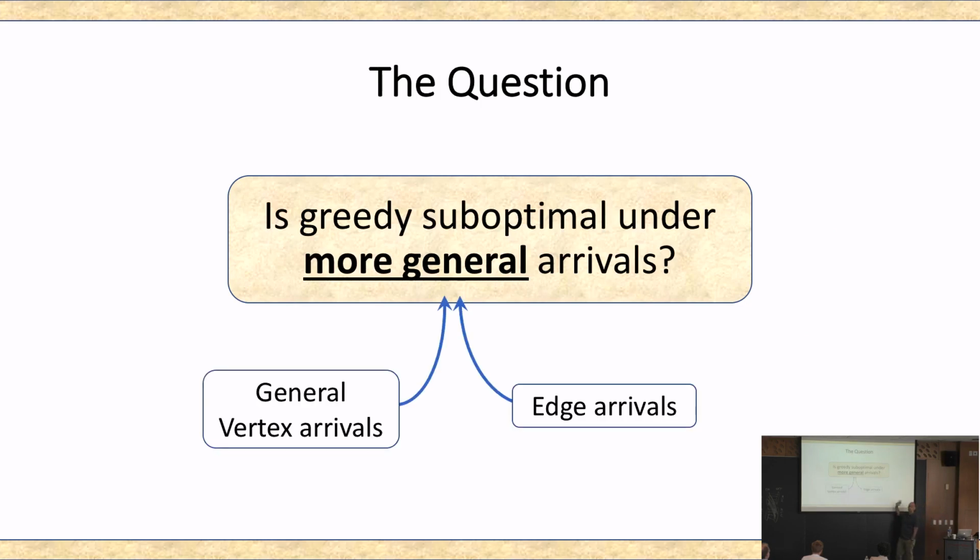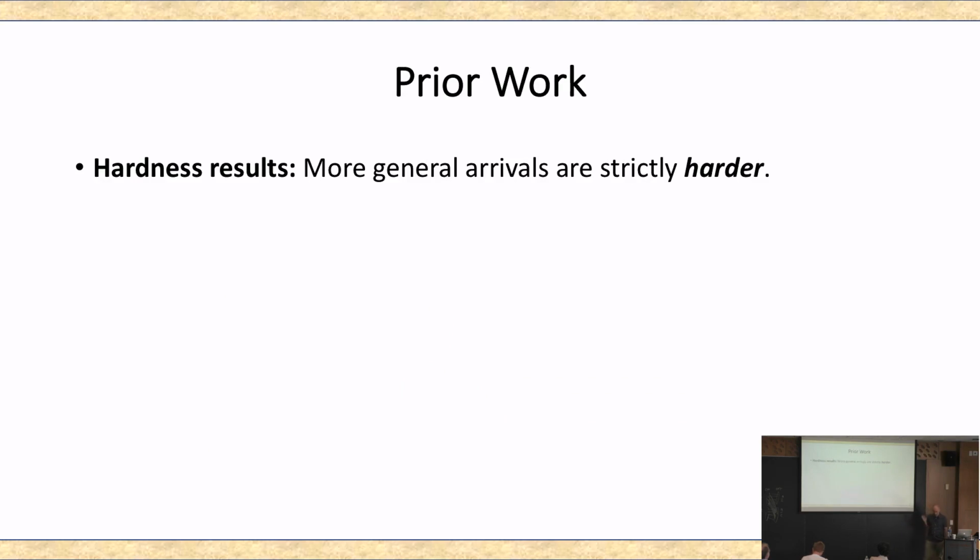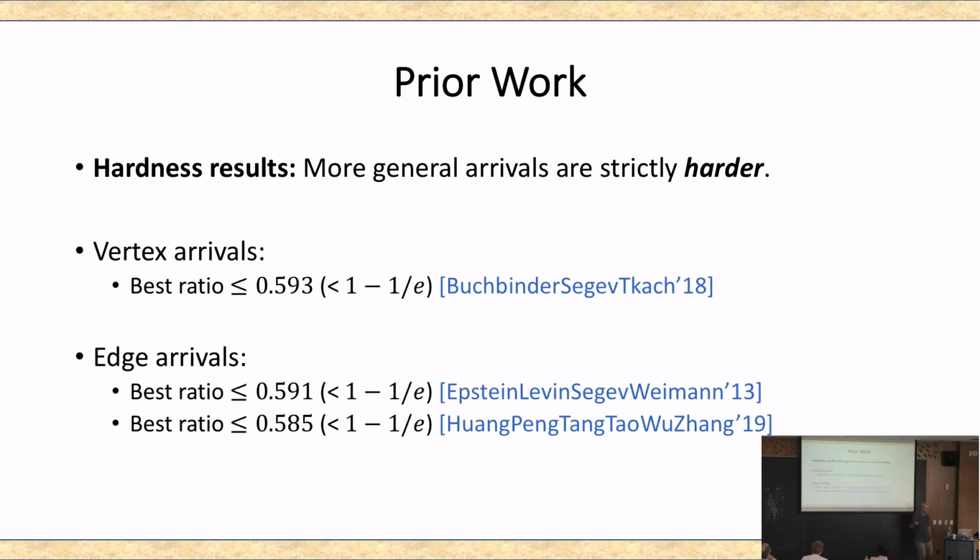To recap, we want to know whether or not we can do better than greedy for these problems. One thing that's known for both is that they are strictly harder than the bipartite one-sided arrival problem. I'll spare you the exact numbers, but for bipartite one-sided arrival you could get 1 minus 1 over e, and for both of these models there are hardness results showing that you cannot get 1 minus 1 over e.